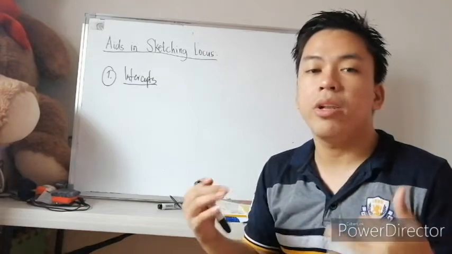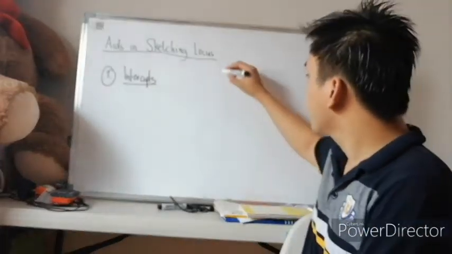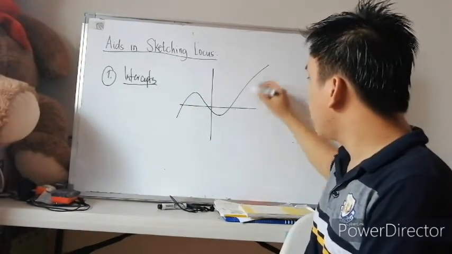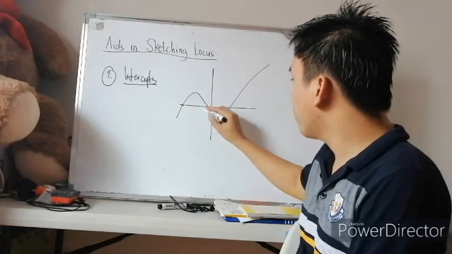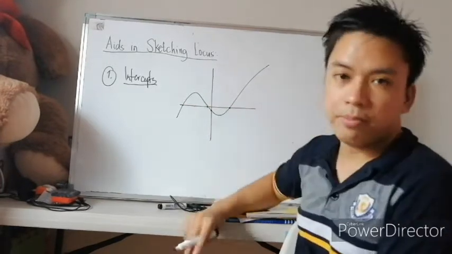The y-intercept is when the graph of a locus intersects the y-axis. Let's say, for example, you have the sketch of a locus here. These are the x-intercepts, and this is the y-intercept.